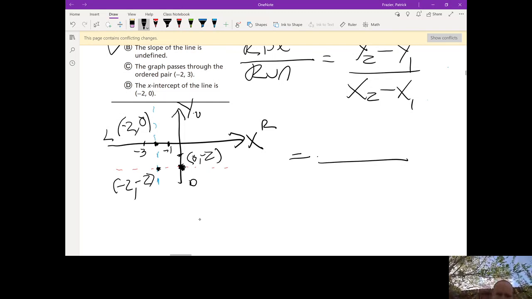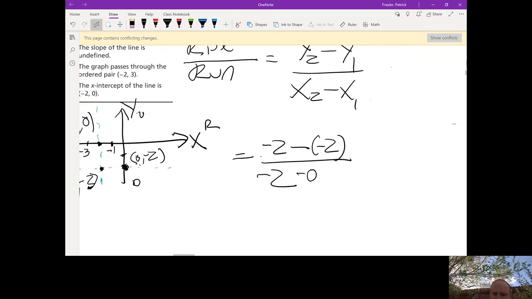So I'm going to take this -2 here, -2 minus -2, divided by -2 minus 0.